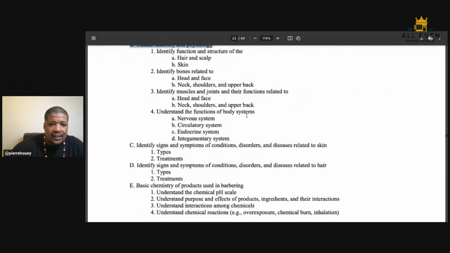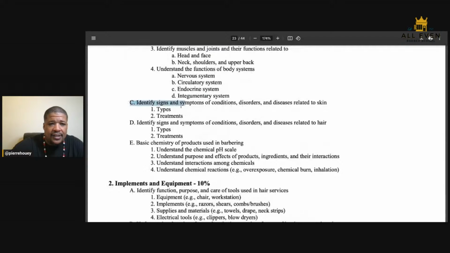C, identifying signs, symptoms of conditions, disorders, and diseases related to skin. Next, D, identifying signs and symptoms of conditions, disorders, and diseases related to hair. And then E, you have basic chemistry of products used in barbering.